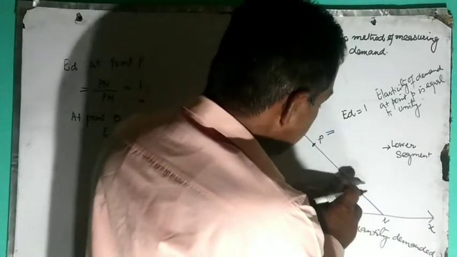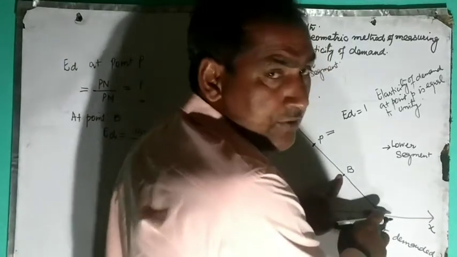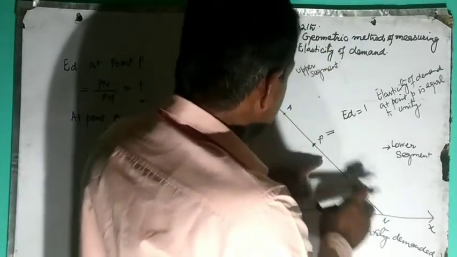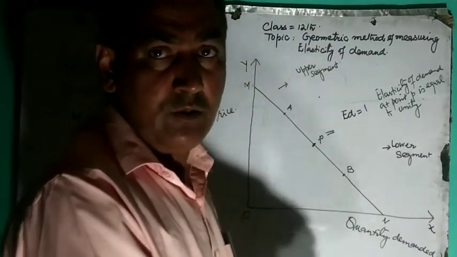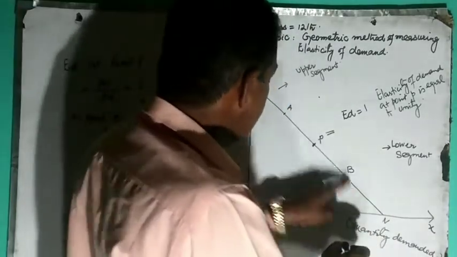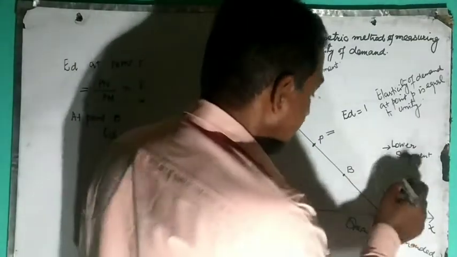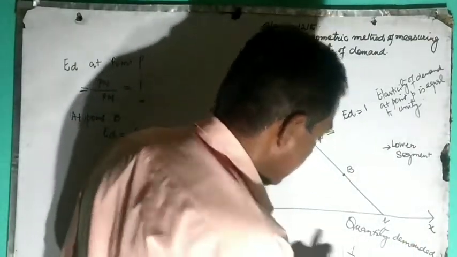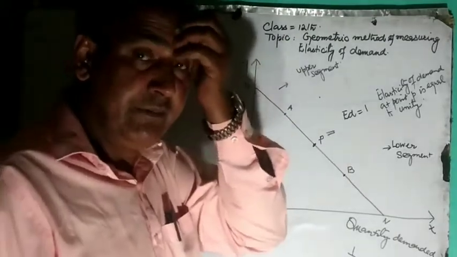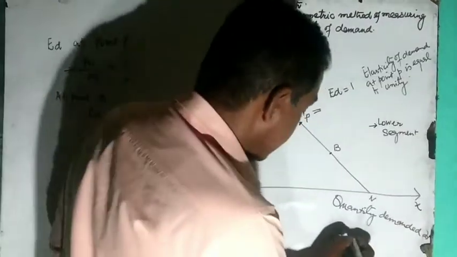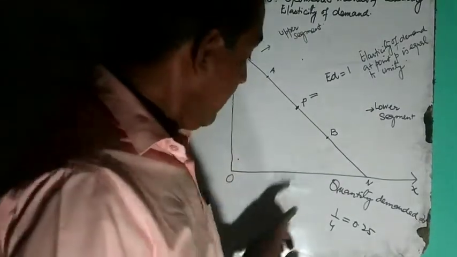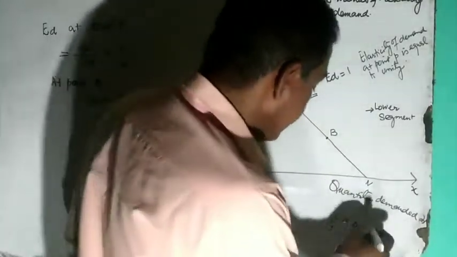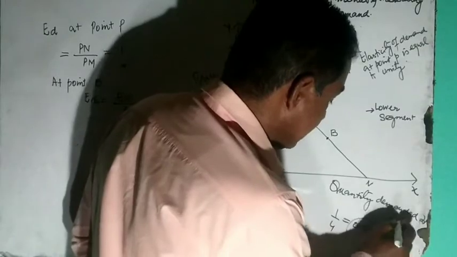So if Bn is equal to 1, Bm is equal to 1 divided by 4. When we divide 1 by 4, it is equal to 0.25 mathematically. 0.25 is always less than 1.